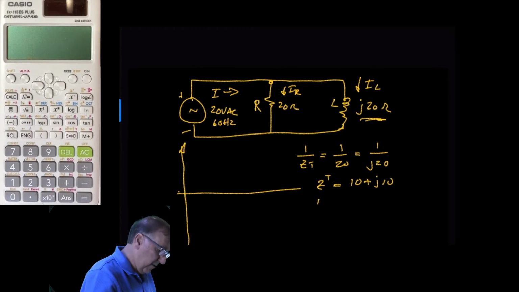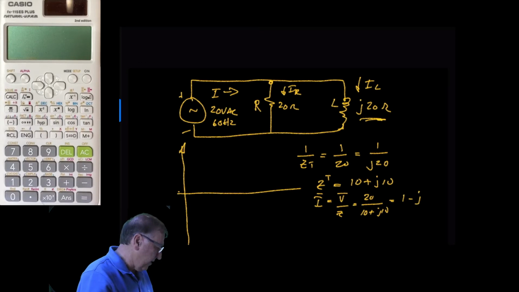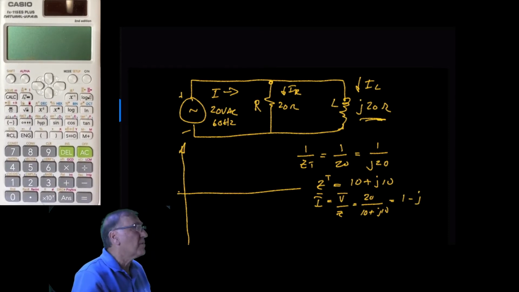And the current then, this would be the current vector, V over Z total, equals 20 over 10 plus J10, and that equals 1 minus J1, which is 1 minus J. Again, we'll be using the calculator shortly.